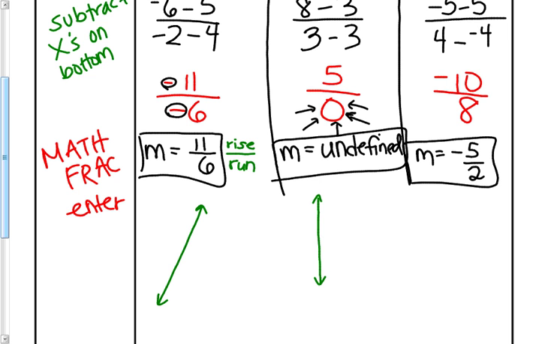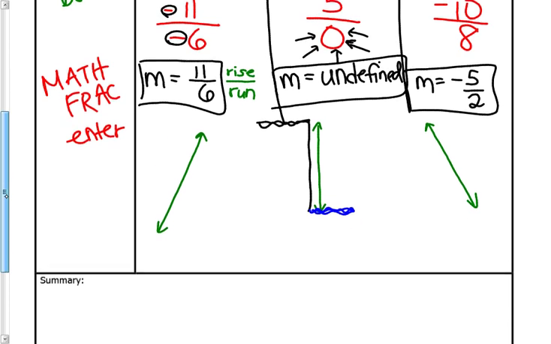Like the rock, and then typically underneath we might have some water or something like that. All right, so undefined slope looks like a vertical line. And then the last one here, negative 5 over 2, negative means that the line is going down from left to right, remember? So we would have something like that. Okay? All right, and that is it for today.